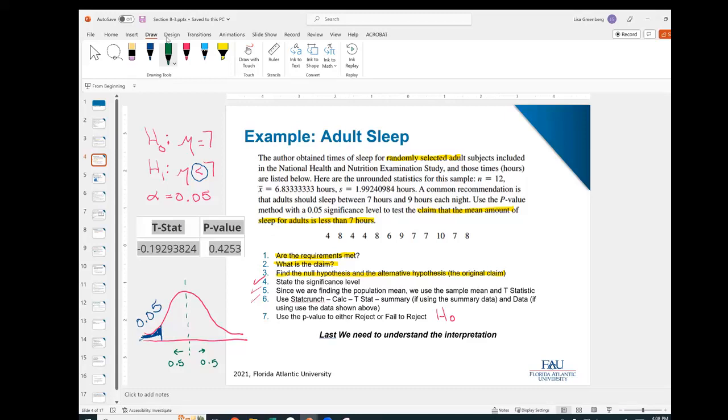And 0.4253 is really going to be somewhere around here, isn't it? So it is not in my critical region. Basically, if it was in here, I can reject my null hypothesis.